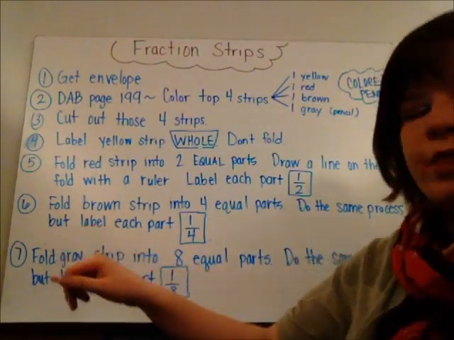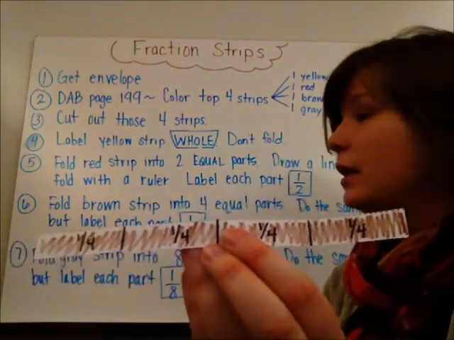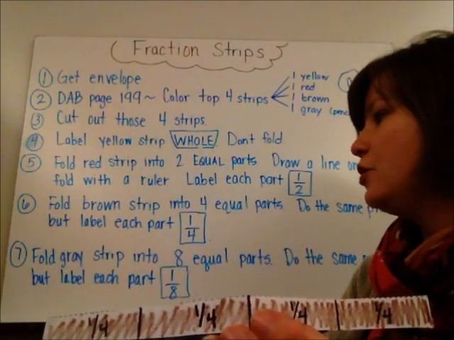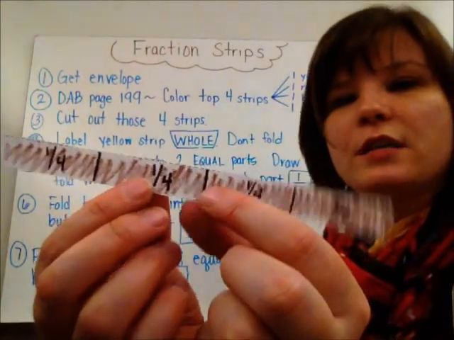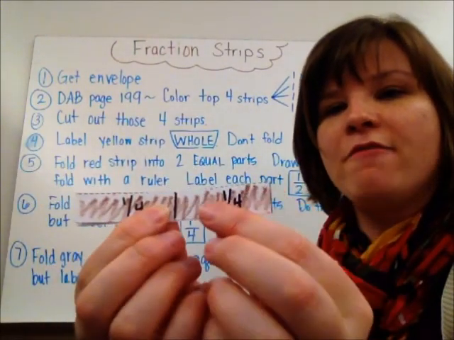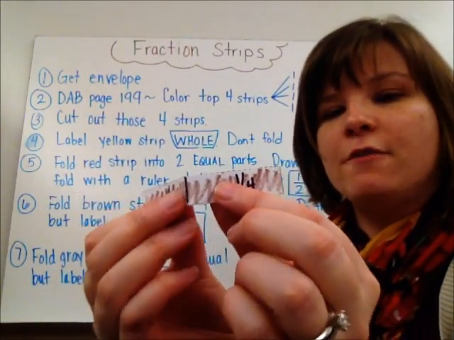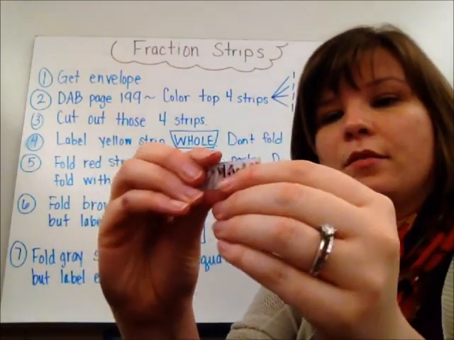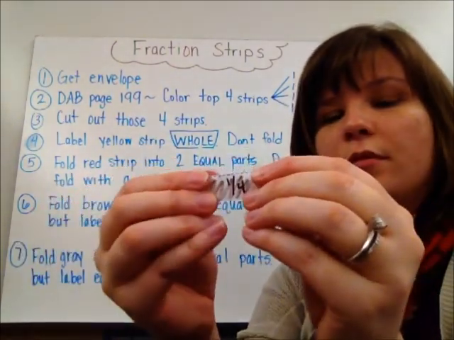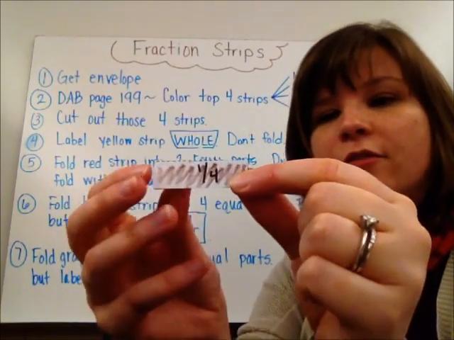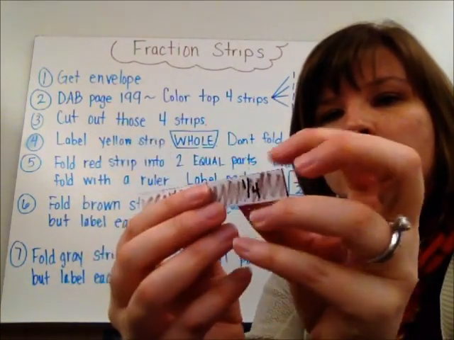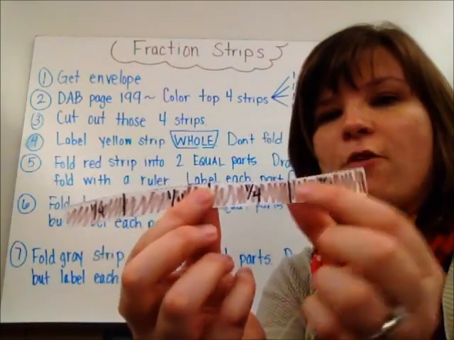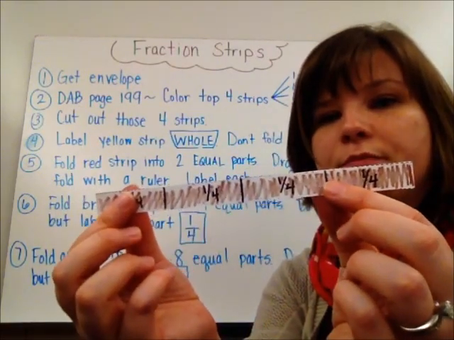Number 6, fold the brown strip into 4 equal parts and do the same process but label each part 1/4. So here's how I did that. I folded it in half first, then I folded it in half again. Okay, so I have 1, 2, 3, 4 equal parts.